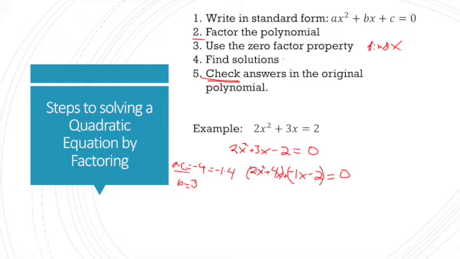The greatest common factor of 2x squared and 4x is going to be 2x. So I have 2x times x plus 2. And the greatest common factor of negative 1x and negative 2 is going to be a negative 1.